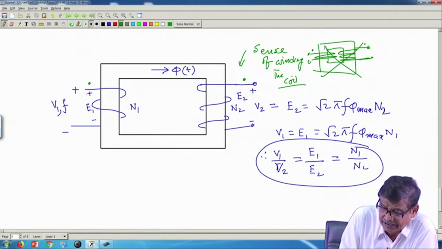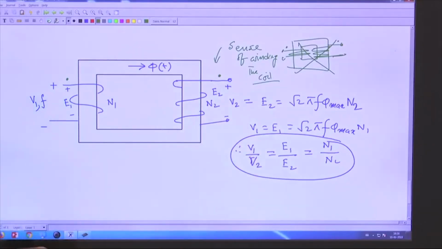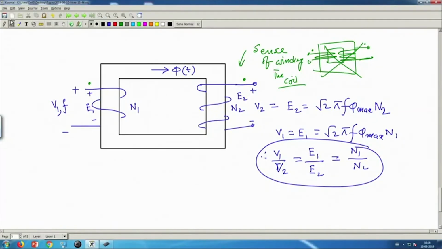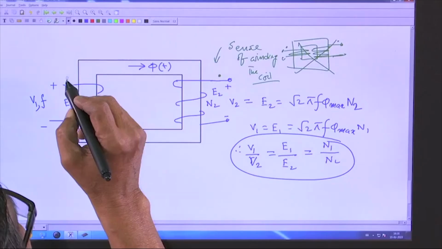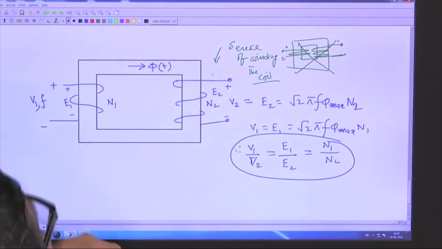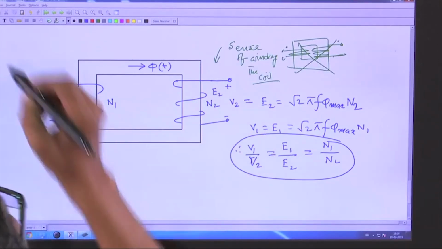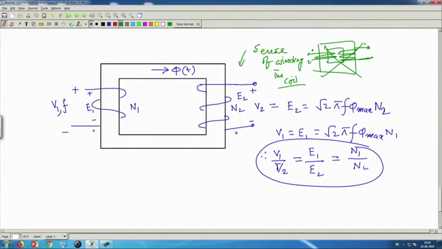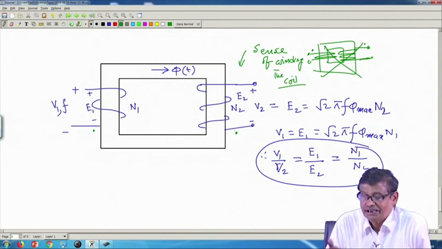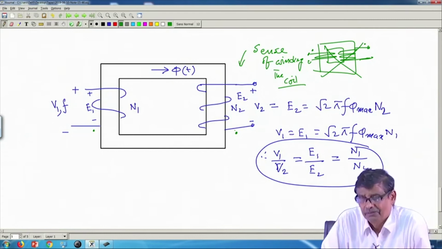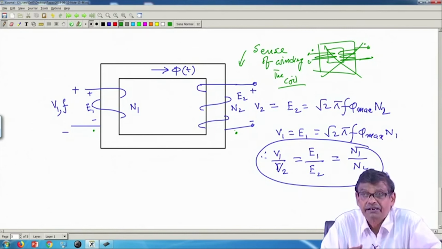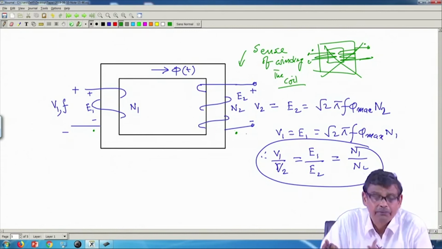For example, if you say this is plus, this will be plus. For the same transformer, suppose I remove this dot, and somebody says no, this is the dot, then also he is correct. Like terminals: if it is minus, that will be minus. Whenever it becomes plus, because polarity reverses, this will also be plus.